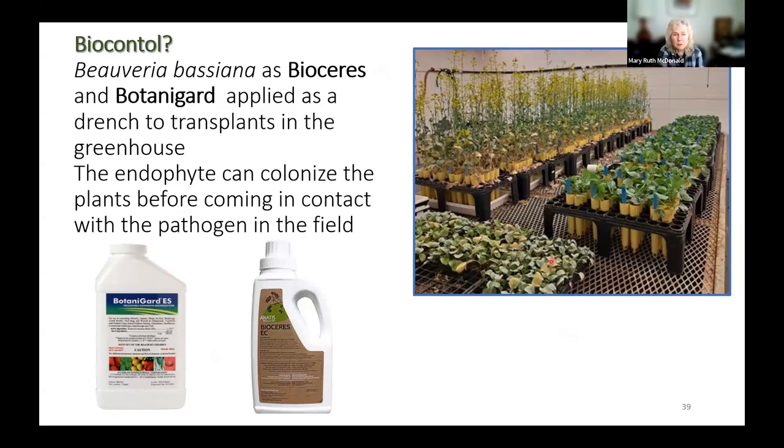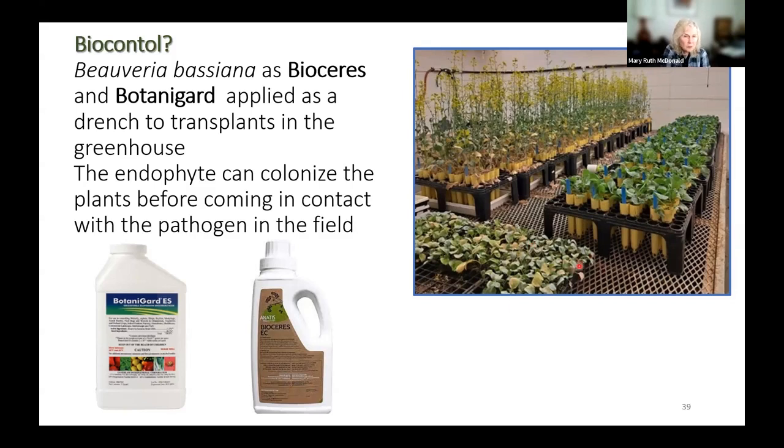And we thought that cabbage or other brassica vegetables would be ideal because we would grow them as transplants normally anyway. We'd apply the endophyte while they're still in the plug trays, so it gets a chance to colonize the plant and the roots before it's actually exposed to the disease.